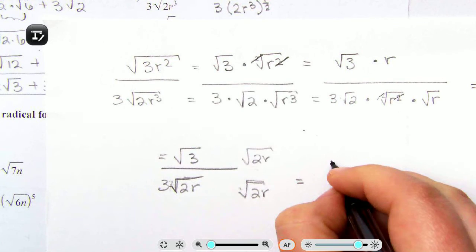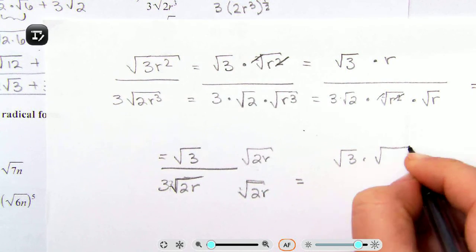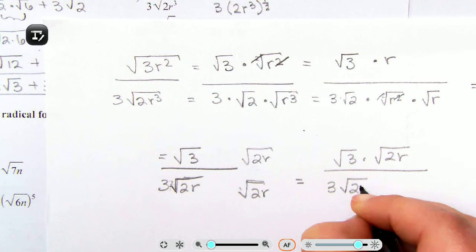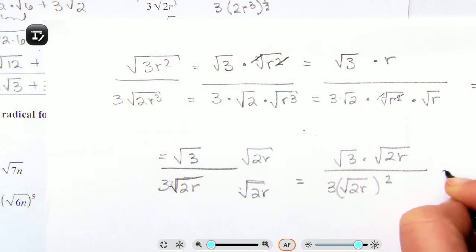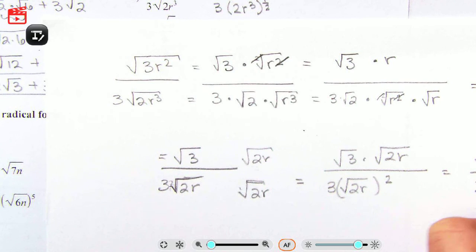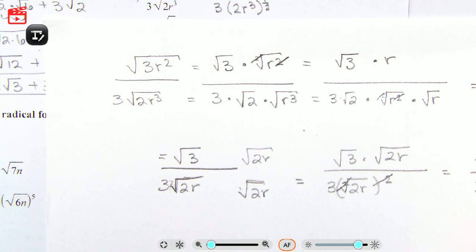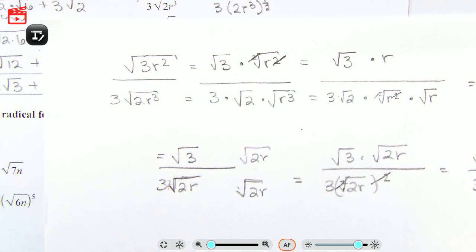So then I have root 3 times root 2r all over 3 times 2r. Now I have this squared. So I have root 6r over 3 times 2r, because these undo each other. So I have root 6r over 6r.